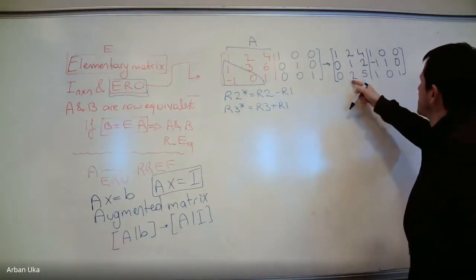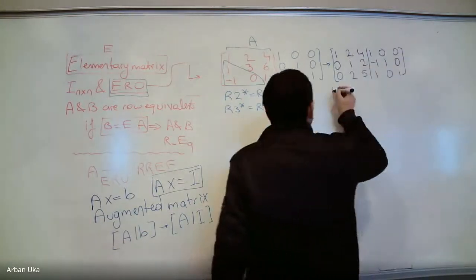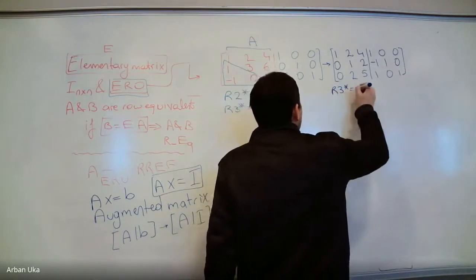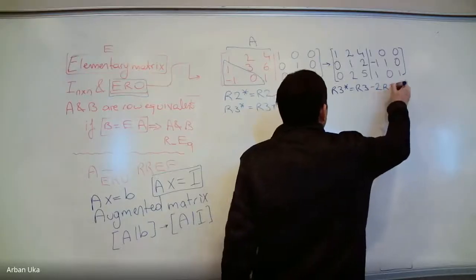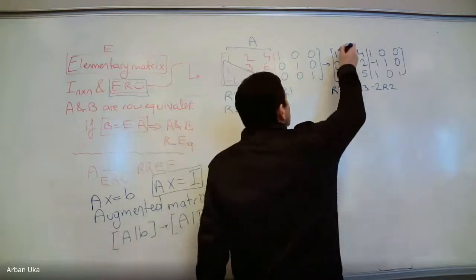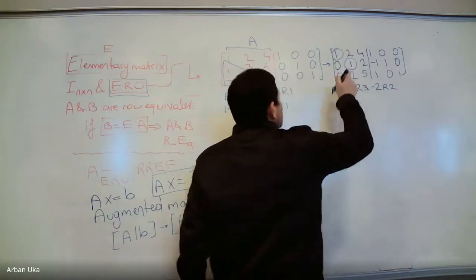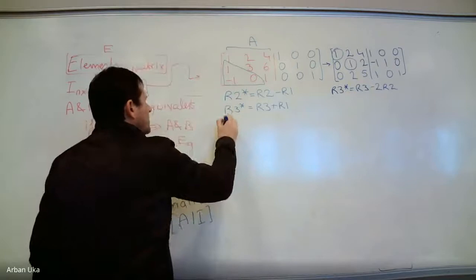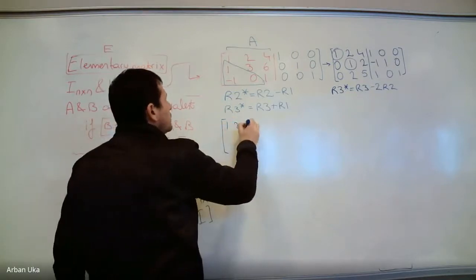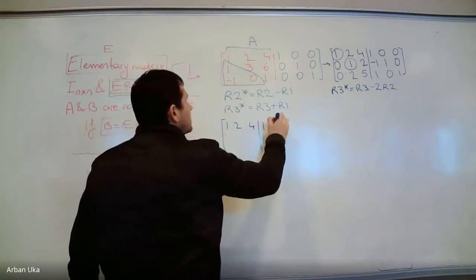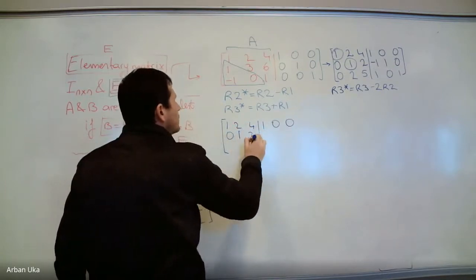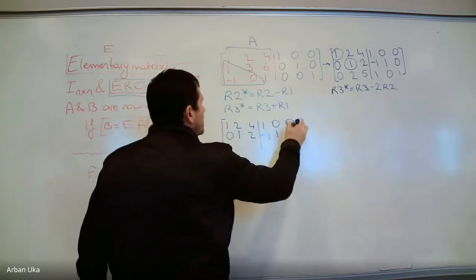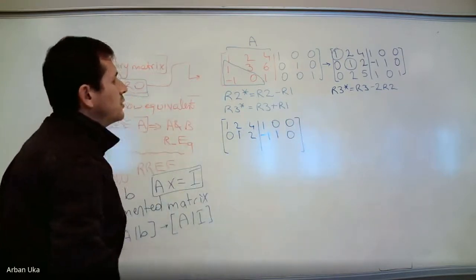The next step is to make this 0. How can we make this 0? We can say that row 3 star is equal to row 3, then what? Minus 2 row 2. That's correct, because this is the pivot now. Don't forget this. So now this is the pivot, and then we move ahead. This is 1, 2, 4, 1, 0, 0, 0, 1, 2, minus 1, 1, 0, and row 3 is equal to row 3 minus 2 row 2.